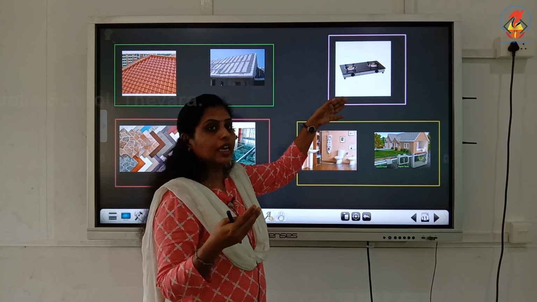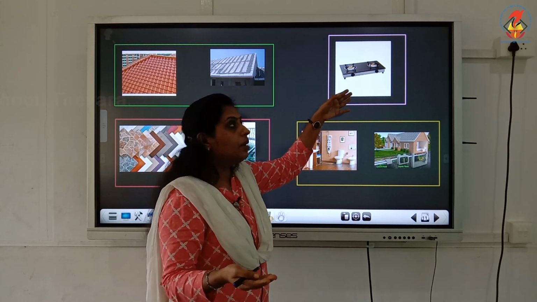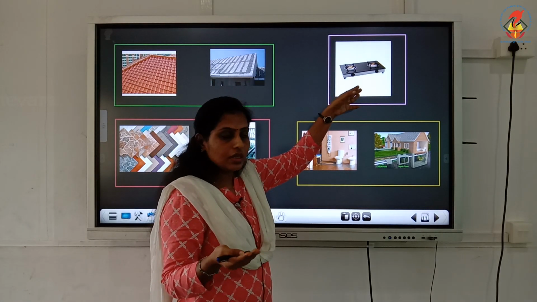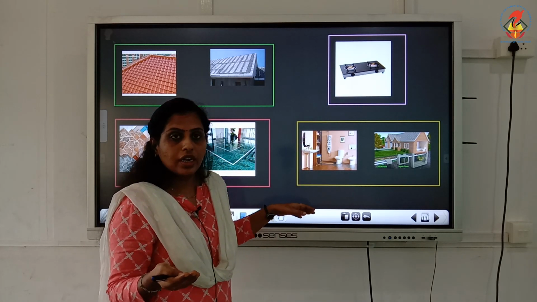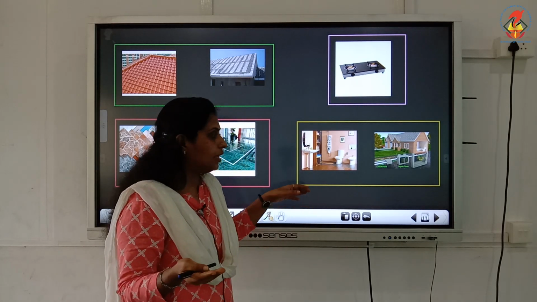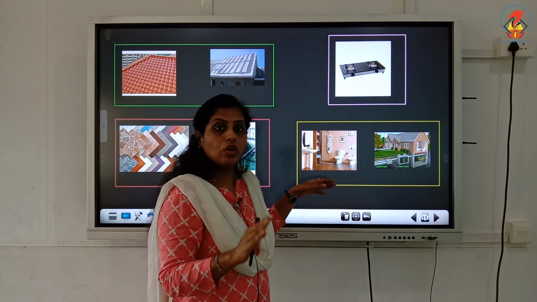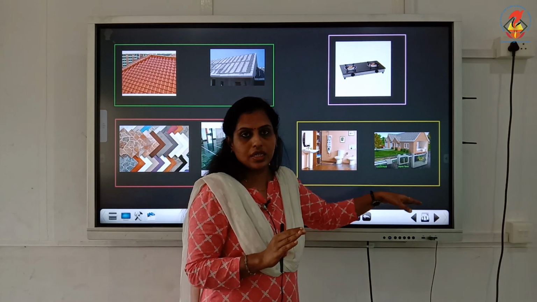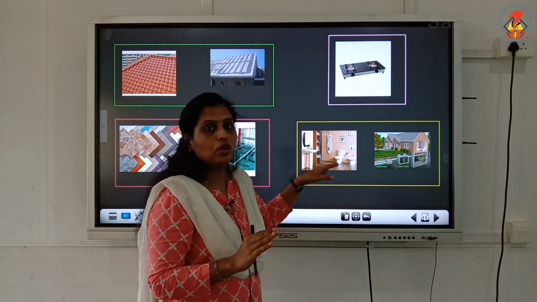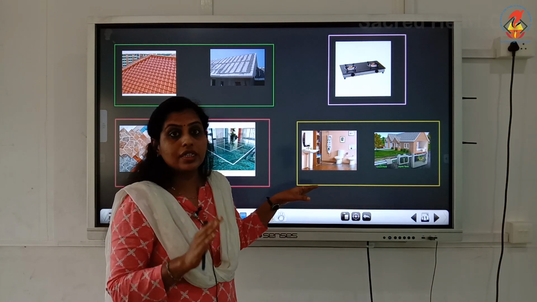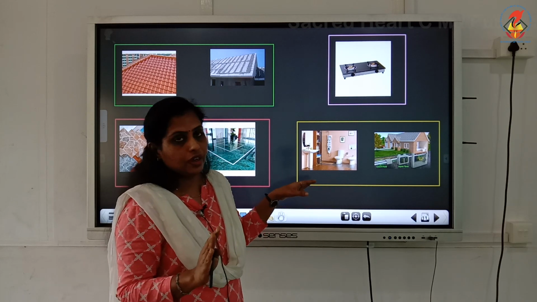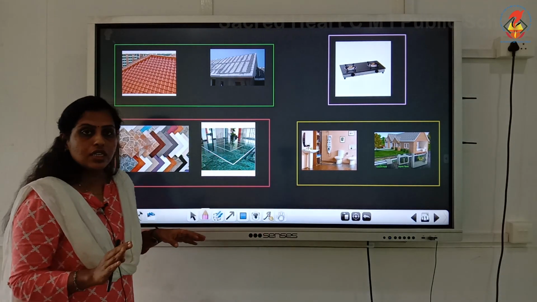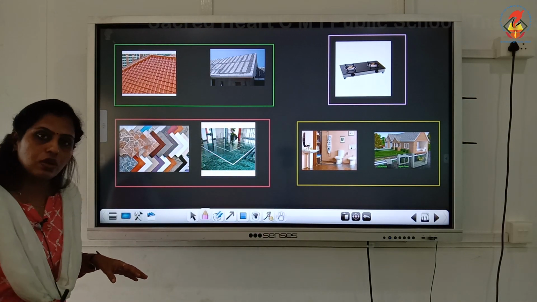The ladies and gents can stand up and cook on the stove. And about the toilet, instead of going to the open field, they have a toilet of their own inside the house itself and a proper drainage system. Okay, so it is safe to use these kinds of toilets rather than going to the open field. So these are the facilities of a modern Pucca house.